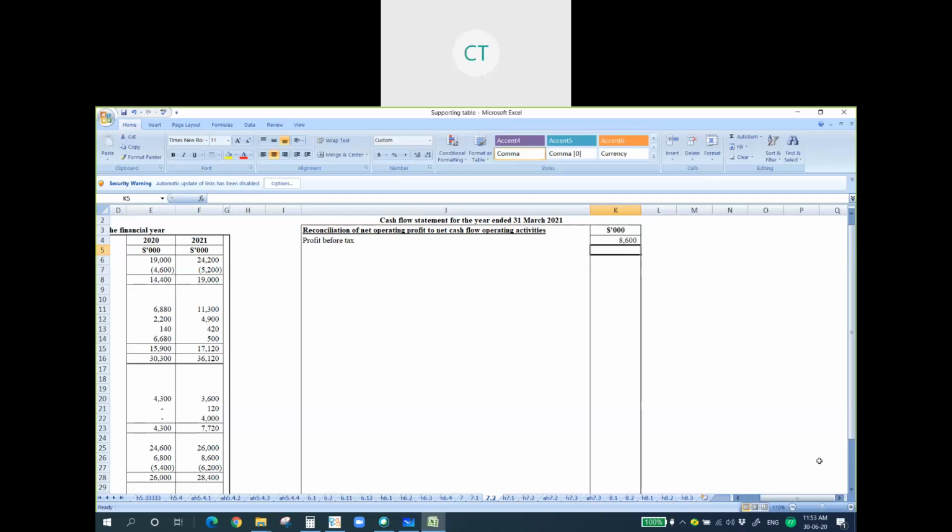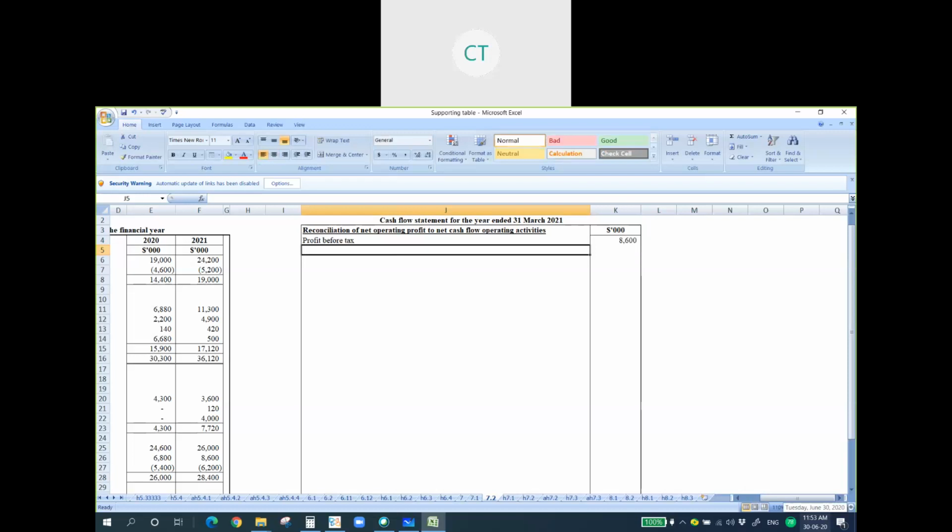Next section, we are going to show non-cash transactions. Examples of non-cash transactions are depreciation and also interest expenses.